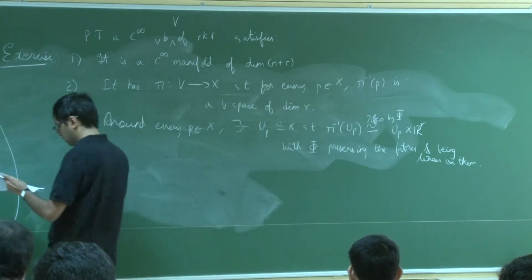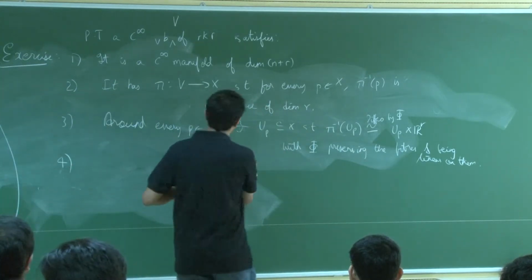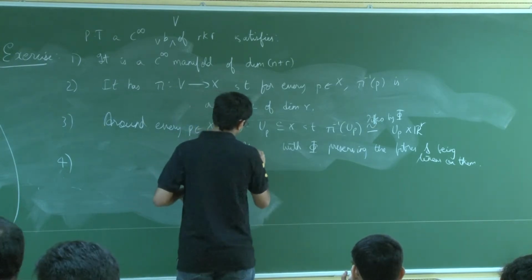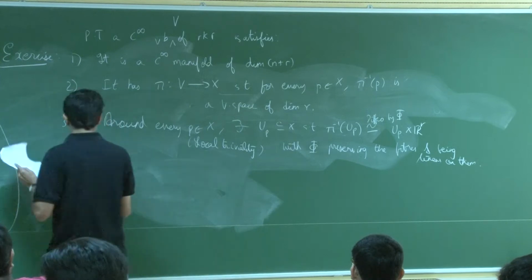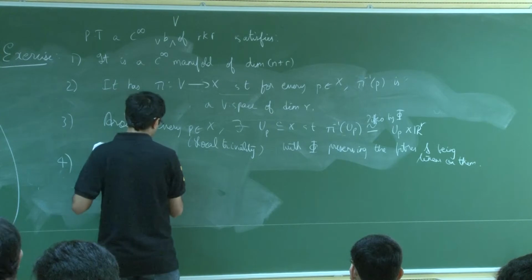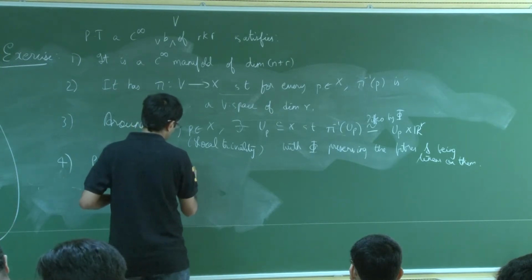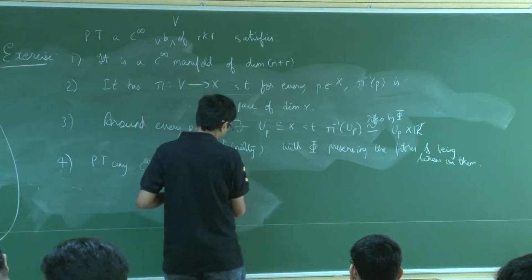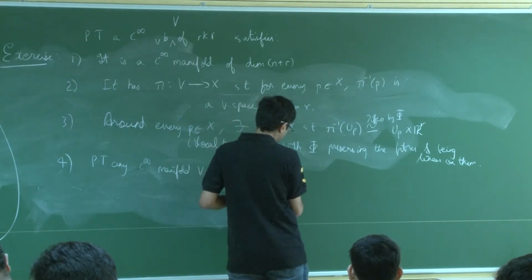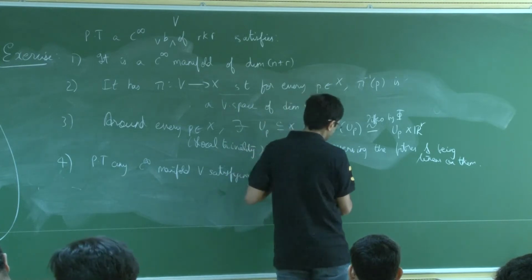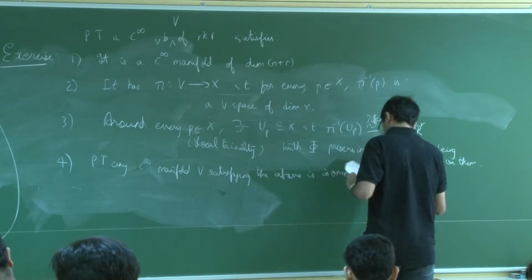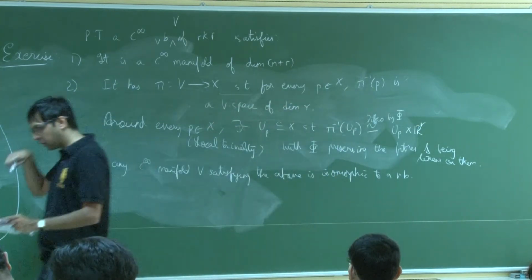This property is called local triviality. Prove that any smooth manifold V satisfying the above is isomorphic in this sense to a vector bundle.